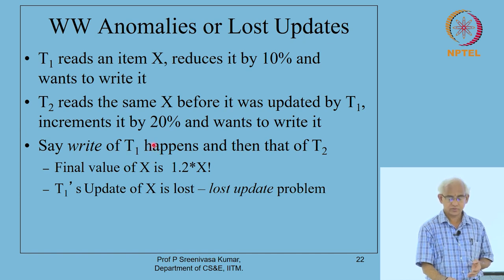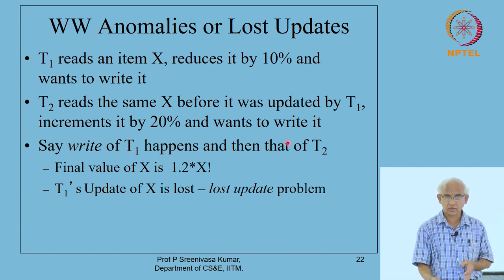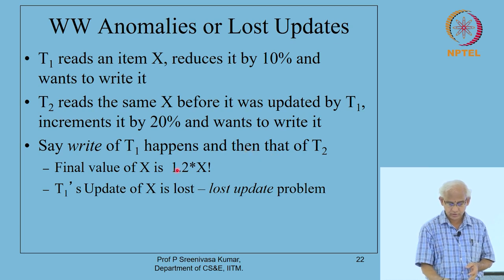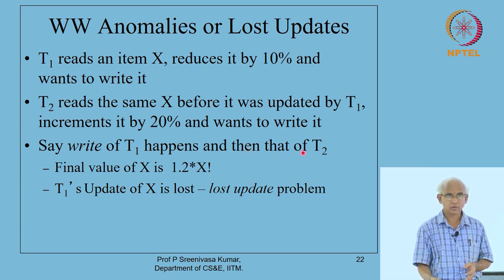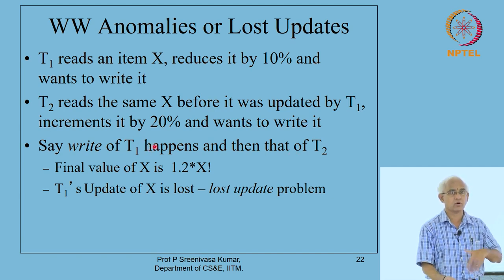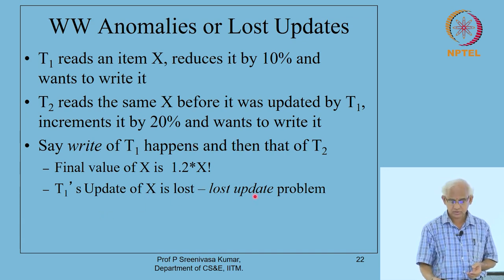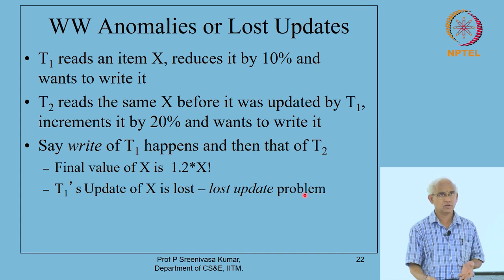You can see that the write of T1 happened and then that of T2 happened, but the final value is what T2 wrote. The value that was written by T1 was overwritten by T2, and so the update made by T1, which is a 10% reduction, was lost in the process. So this issue is what is called the lost update problem.